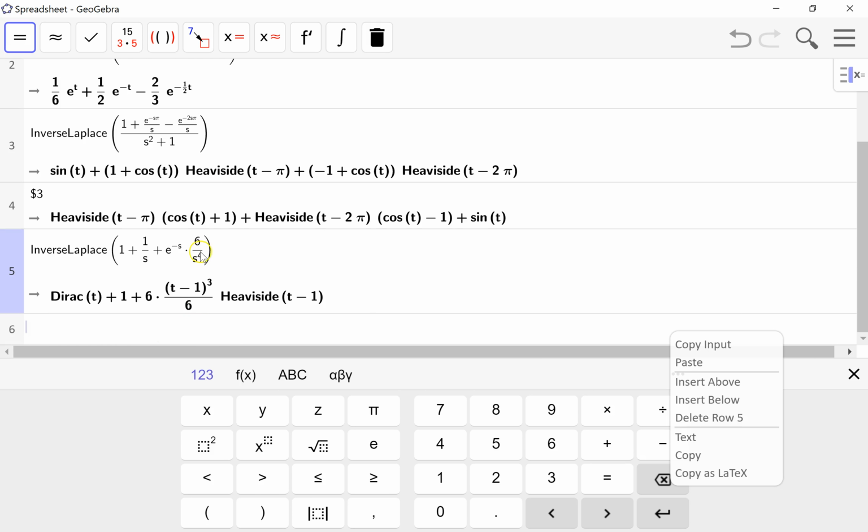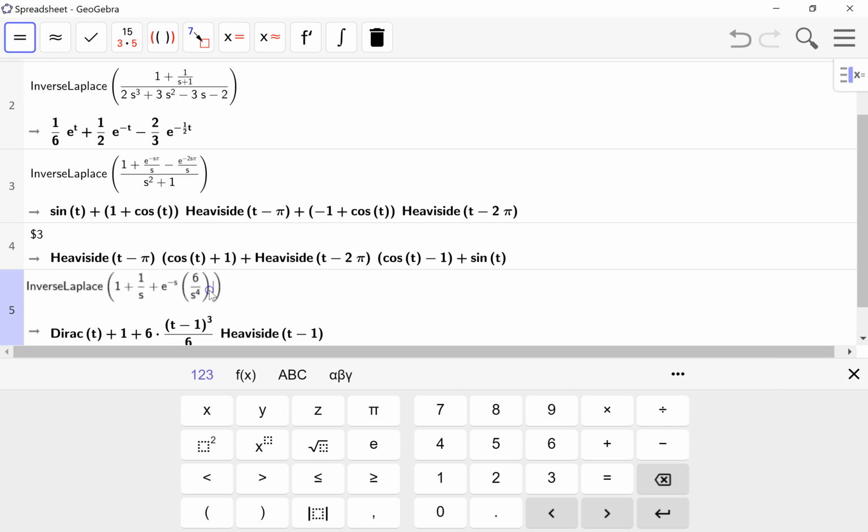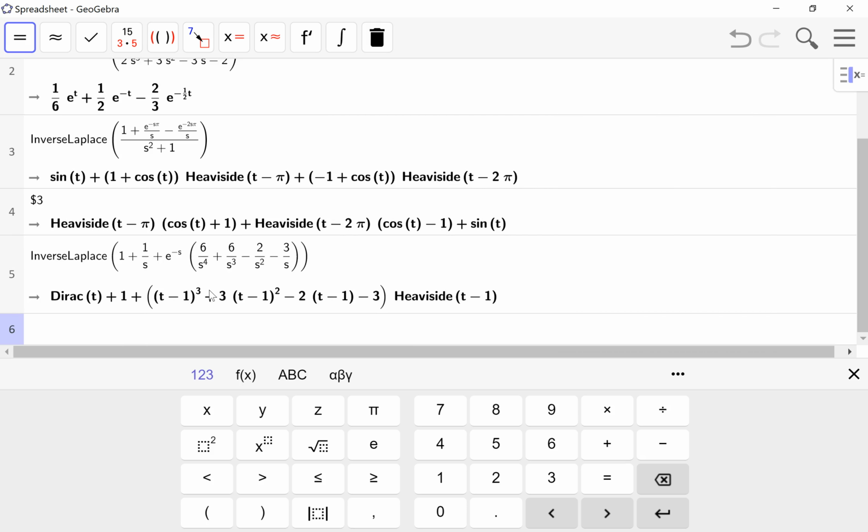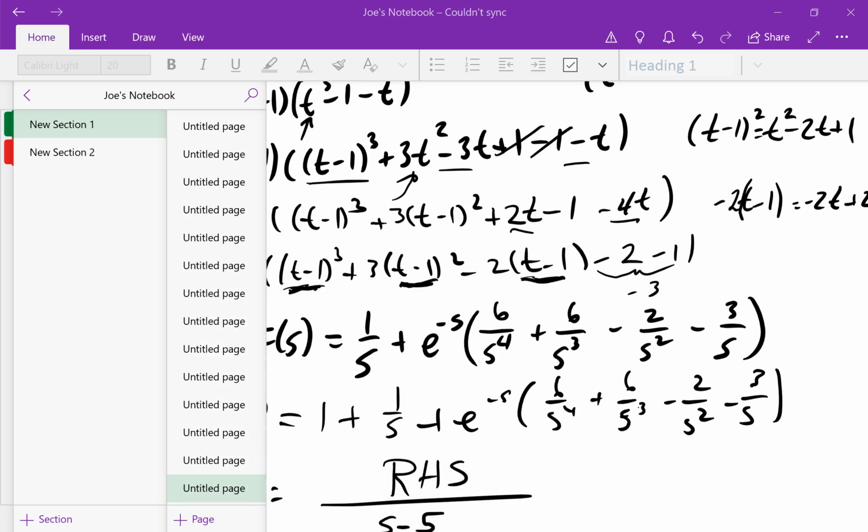Like it said, minus 2 over s squared. And just to double check, I think it was minus 3 over s, but we'll double check. Yes, okay.